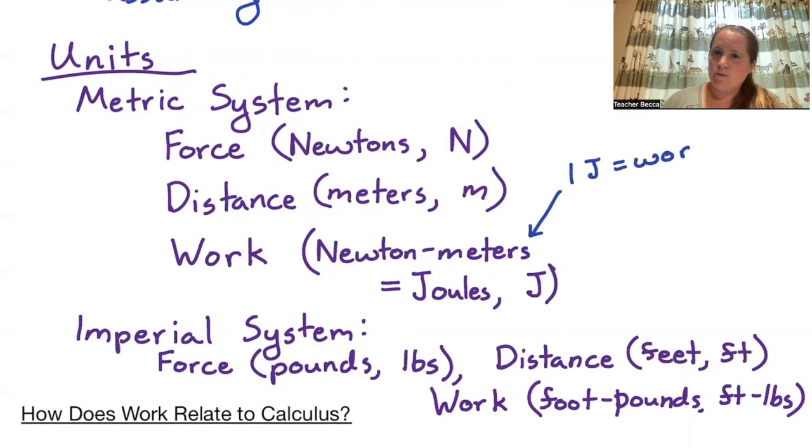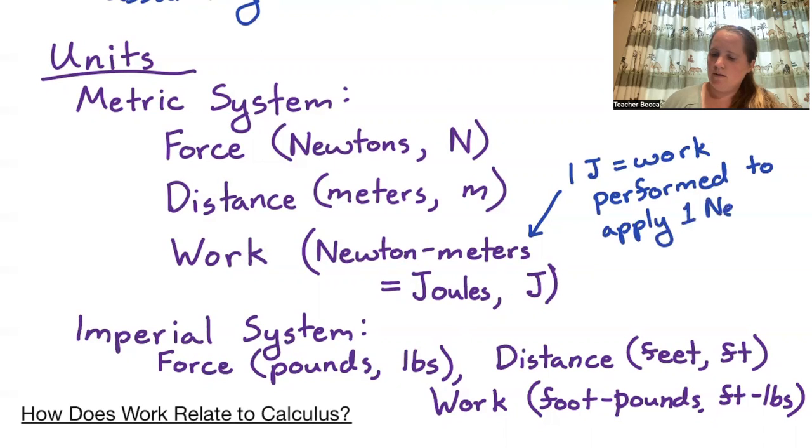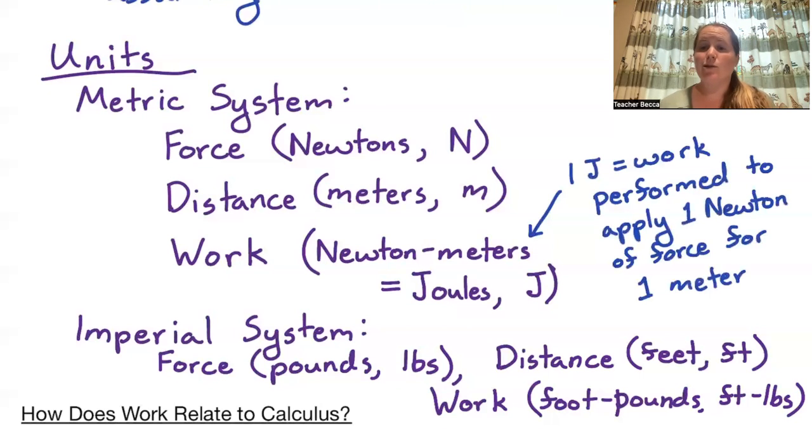So 1 joule is the work performed to apply 1 Newton of force for 1 meter. Hence why joules are often referred to as Newton meters. Similarly, 1 foot-pound is the amount of work performed to apply 1 pound of force for 1 foot.